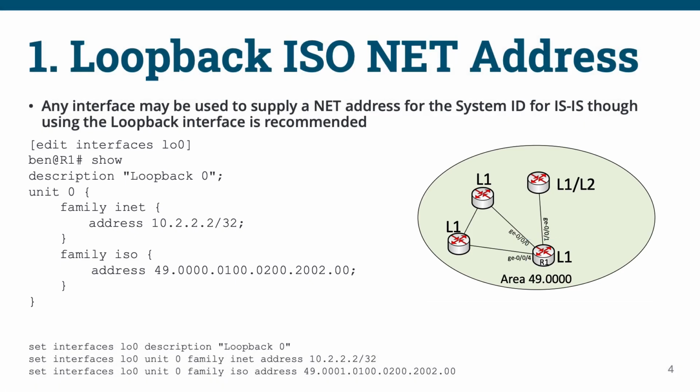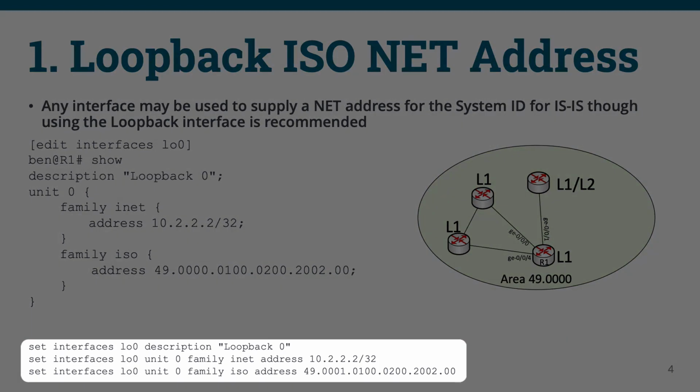As we learned in a previous lesson, an entire router in ISIS is wholly within an area, rather than just the interface. This is the configuration that is related to that statement. Below, we have the set commands used to apply the same configuration shown.